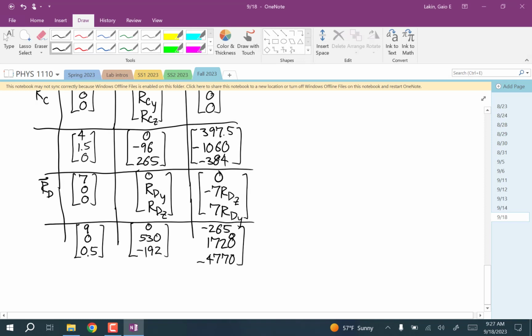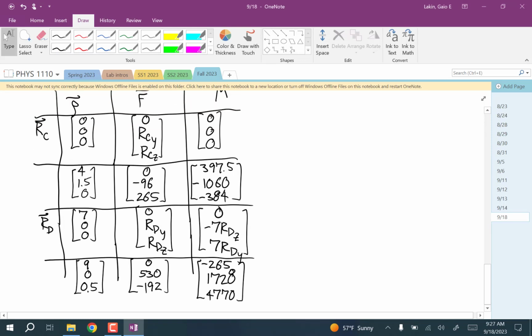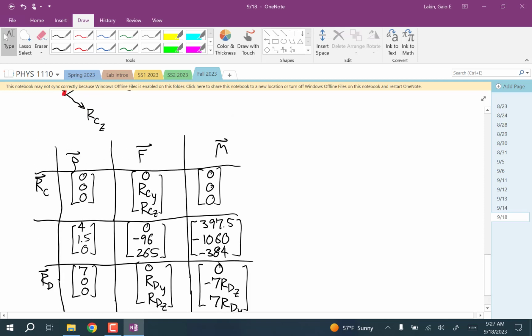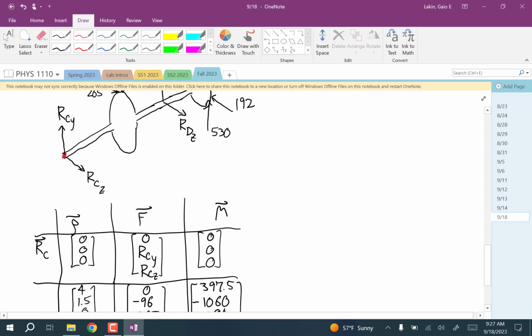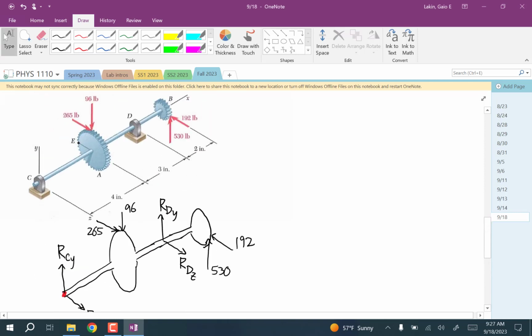It's like when you set up your moment equation for X, it doesn't seem to make sense. And this is the one problem that you have like this. Look at what's happening. Just look at the 530 force and the 265.